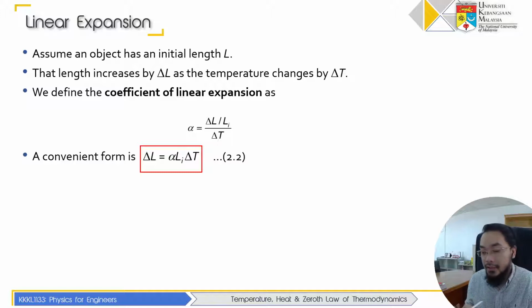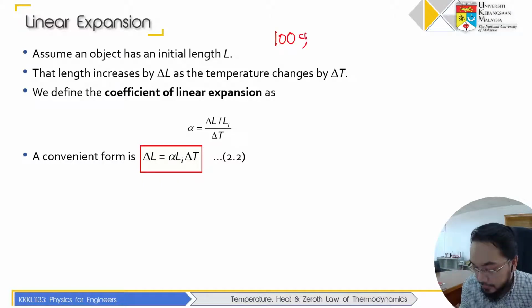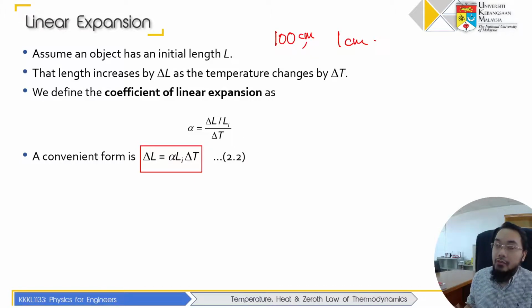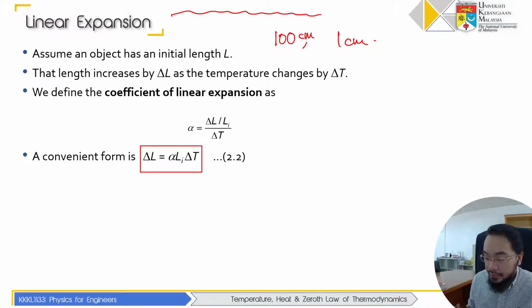You can have linear expansion. Linear expansion is applicable when you have an object that has a fairly large aspect ratio. What does that mean? It means that the length and width have a very high ratio. For example, if the length is 100 centimeters and the width is 1 centimeter, you can consider this a high aspect ratio object, like a piece of wire.